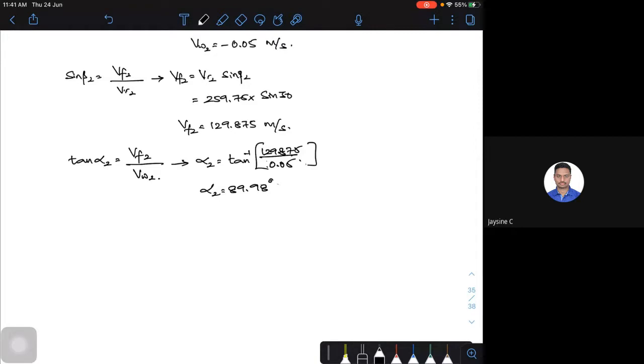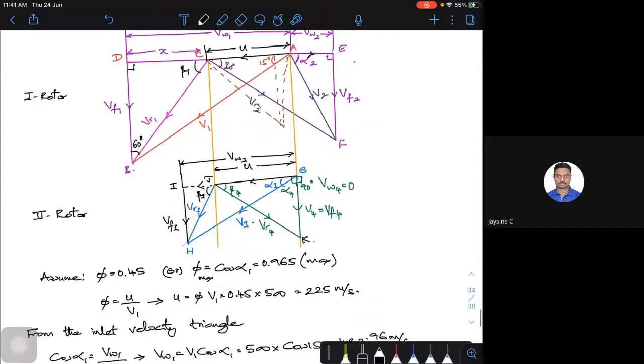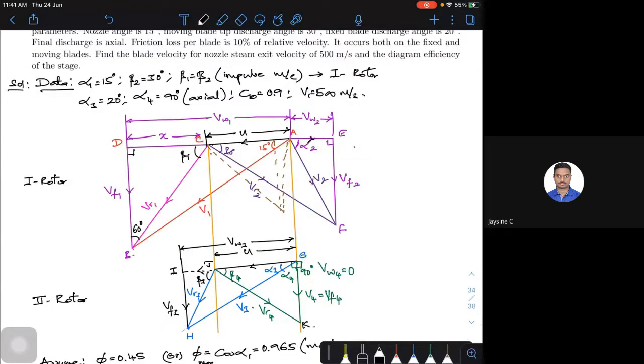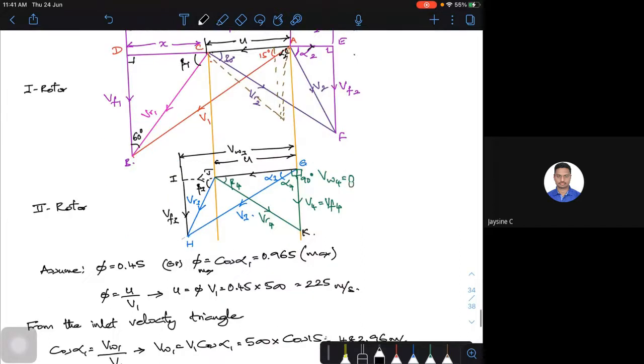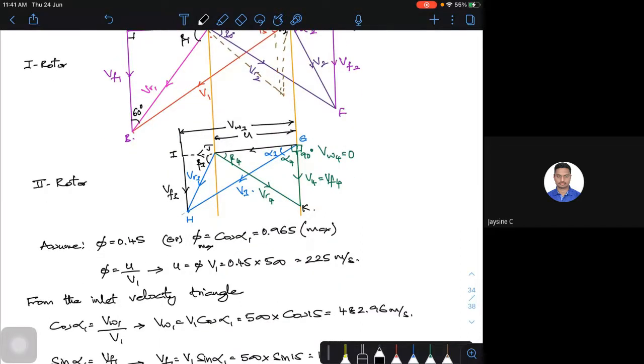I can clearly look at this alpha. This alpha is what I'm speaking of, alpha 2, which comes on the other side of it. That alpha is closely 90 degrees. It is not exactly axial, but it's near axial.